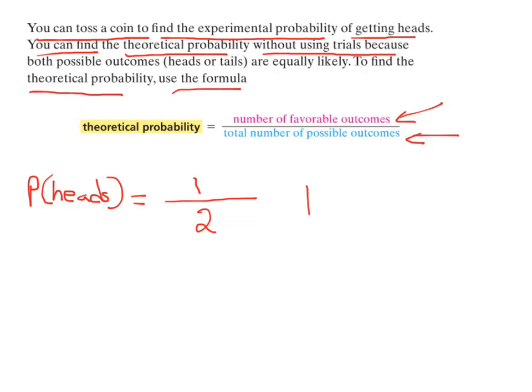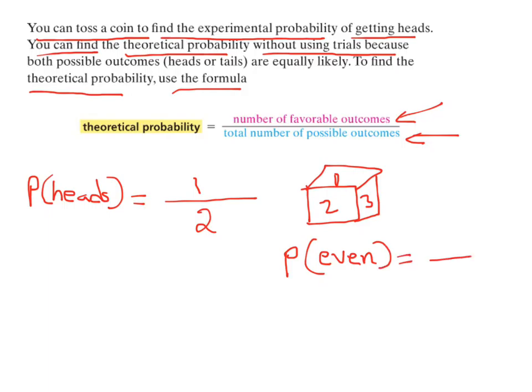Let's take a number cube, for example. What is the probability of a number cube landing on an even number? What are the total possibilities in a number cube? There are 6, because 6 numbers are there in a cube. And how many even numbers are there?